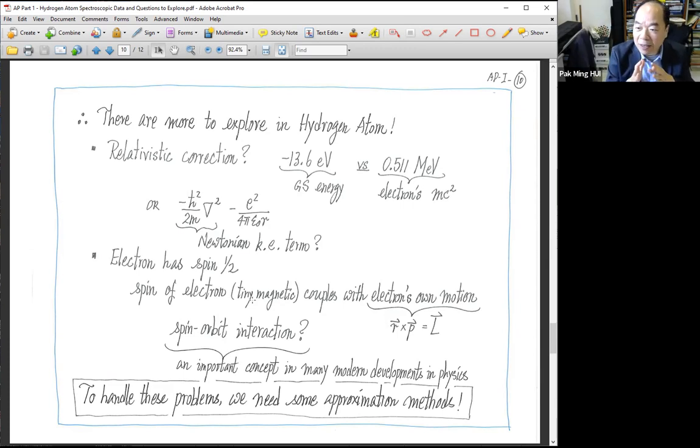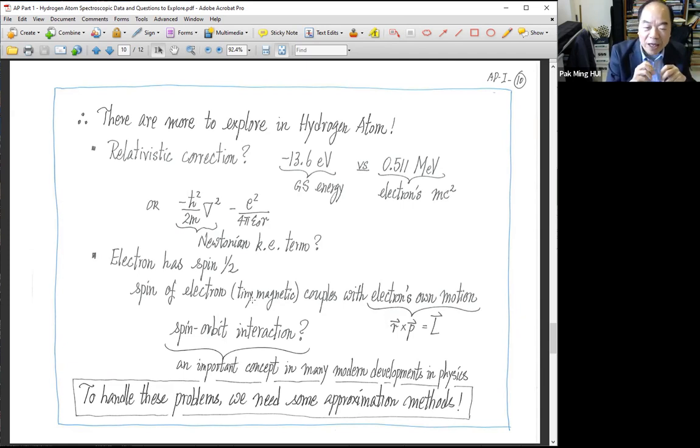In addition to that, when you talk about relativistic effect, there's one important effect that we cannot ignore, which is spin effect. After all, spin is a relativistic effect for the reason that spin comes out naturally in the relativistic quantum mechanical equation, the so-called Dirac equation for the electron.